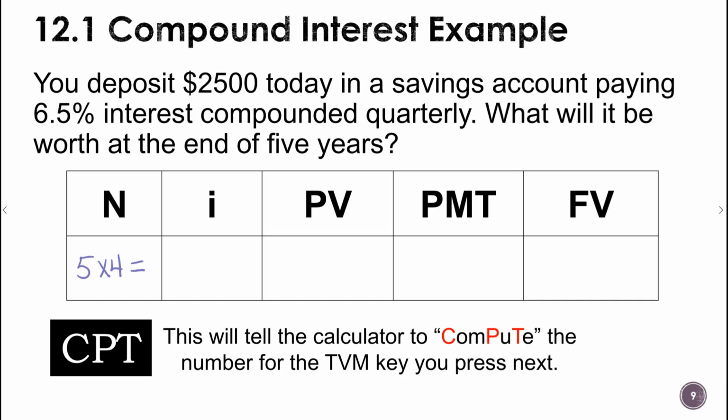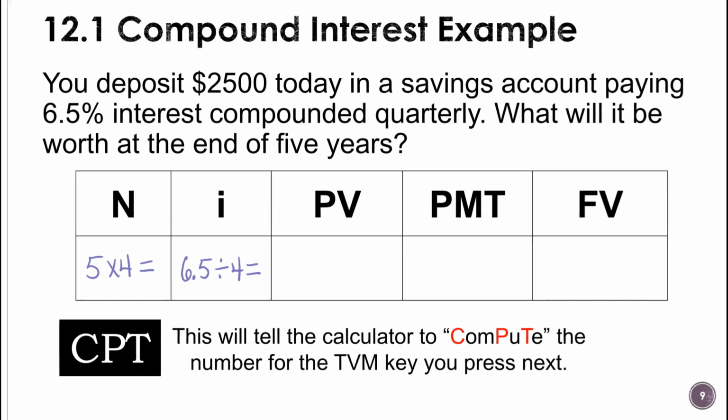You're going to put in 6.5 divided by 4 equals, and then put that number on the I key, right? So whatever number is on your screen at that point, you will put in for I.